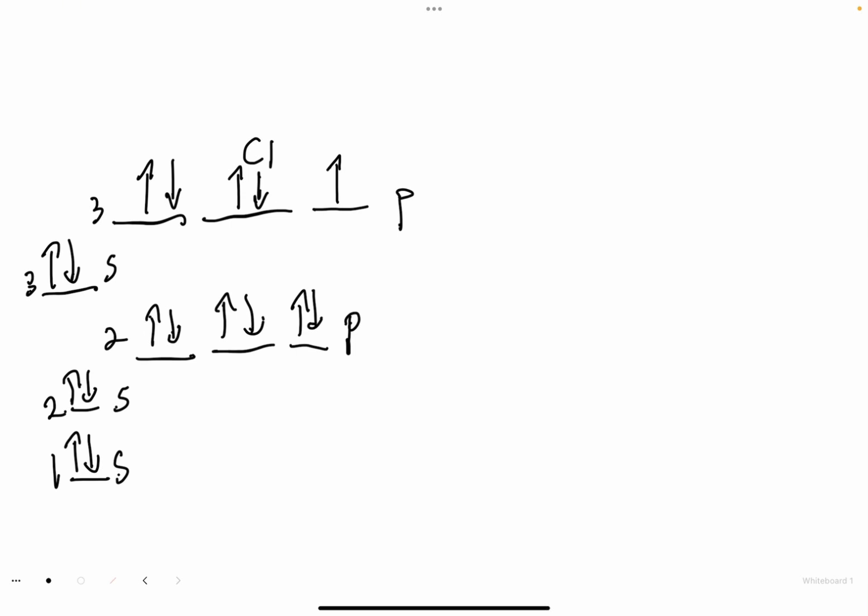Now that we're at 17 electrons, we can stop. We have one that is lone, so we also have 2, 4, 6, 7 valence electrons. With 7 valence electrons.